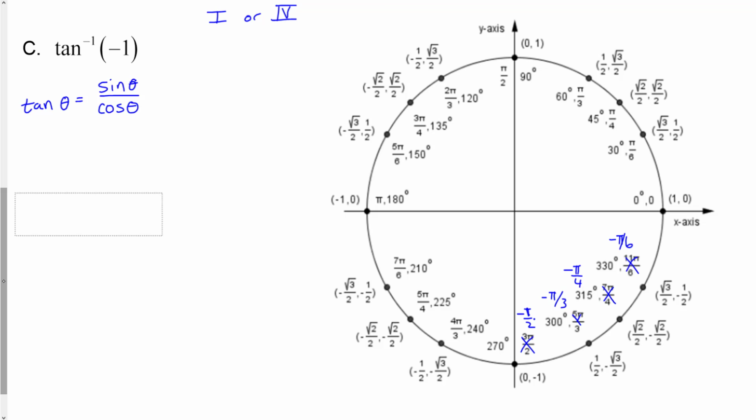In particular, the only times these are equal is when we have root 2 over 2 for sine and cosine. But since this value is going to be negative, I need one of these to be negative. It doesn't technically matter which one, but there's only going to be one that has root 2 over 2 as your x and negative root 2 over 2 for your y. The angle measure associated with that is negative pi over 4.